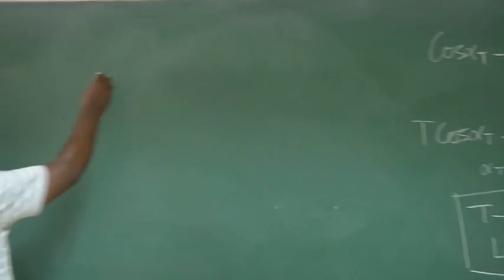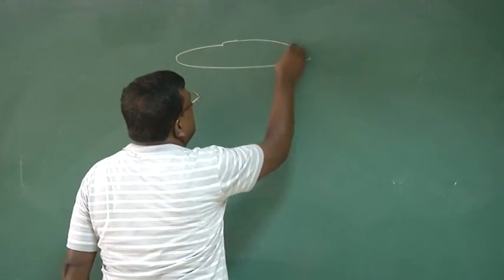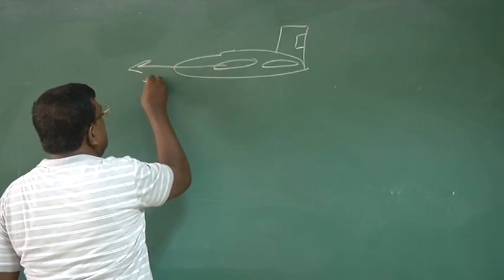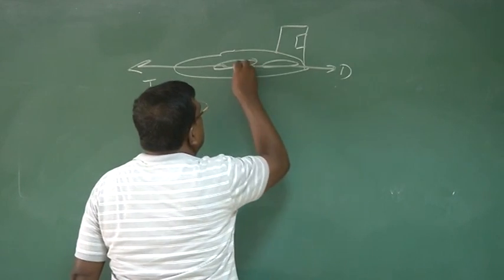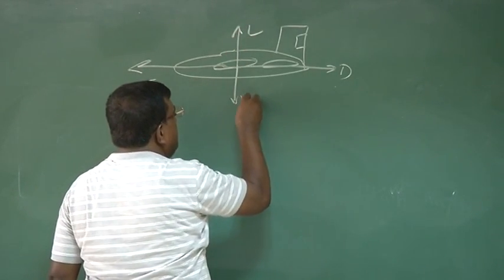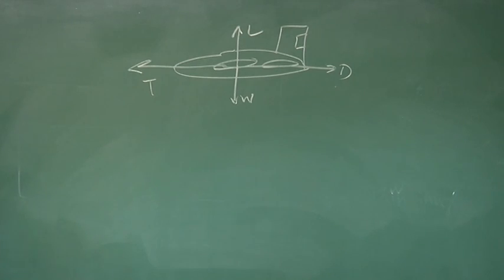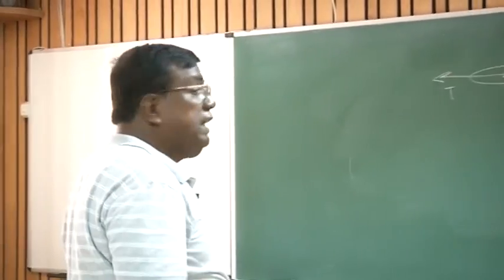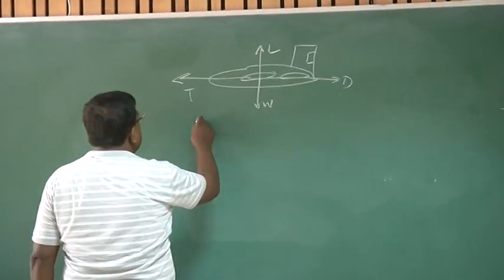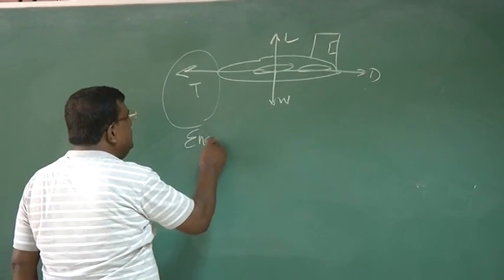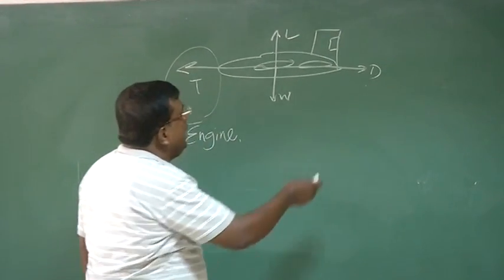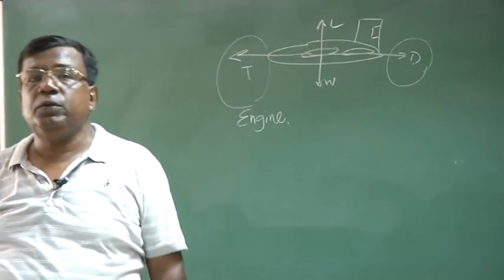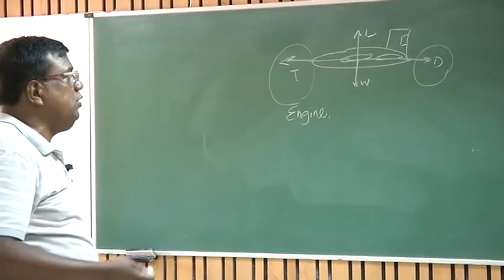Okay, now it's very simple to write on the blackboard that thrust equal to drag and lift equal to weight. But the first question comes, who will give this thrust? I need an engine. What type of engine? So this part is taken care of by the engine. And the drag, what should be our aim? Mostly, especially for cruise, we should try to fly in such a condition that the drag is minimum.